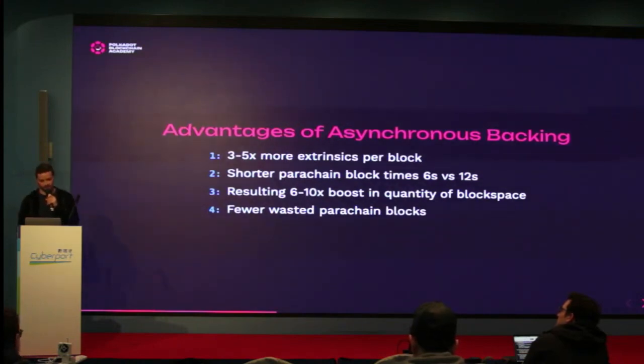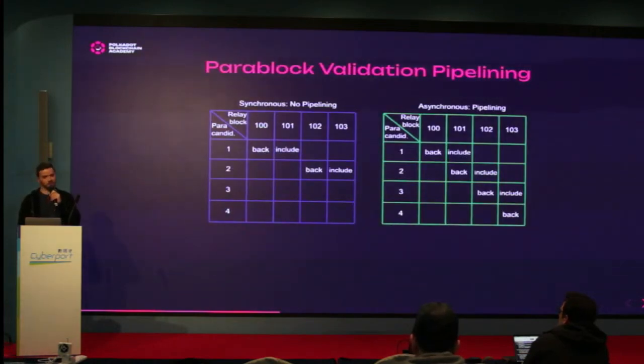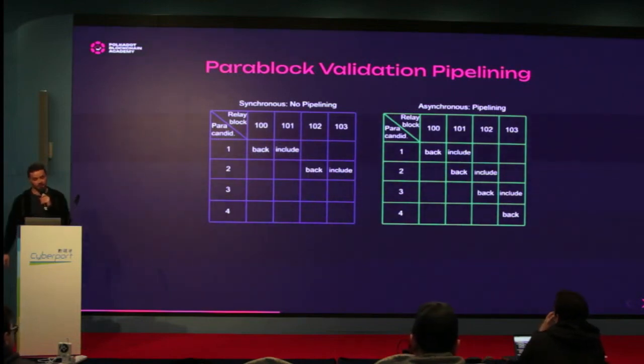All right, so how are we doubling the rate at which we include parachain blocks from 12 seconds to 6 seconds? This is most obviously visualized in this pipelining diagram. So we're going to start on the left with our purple section.